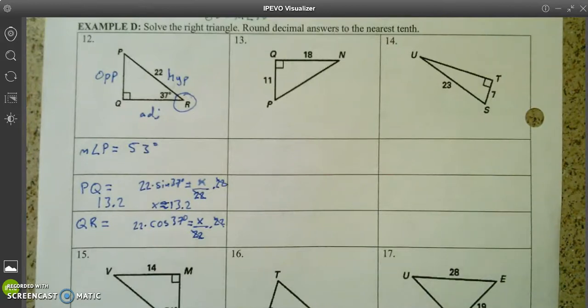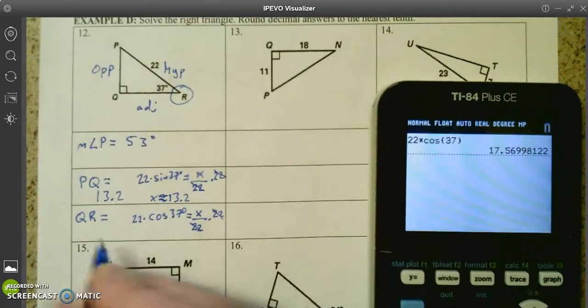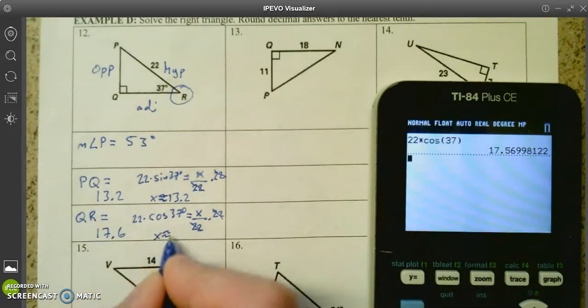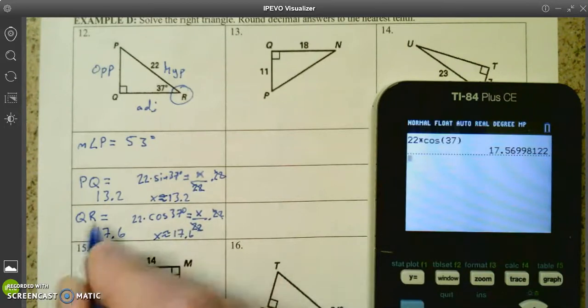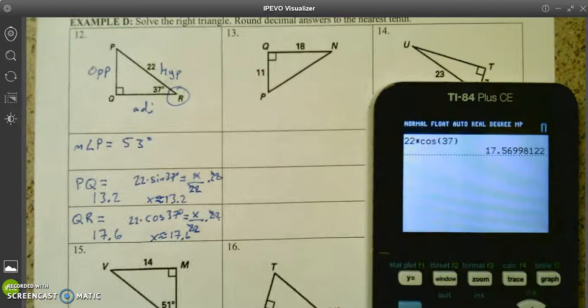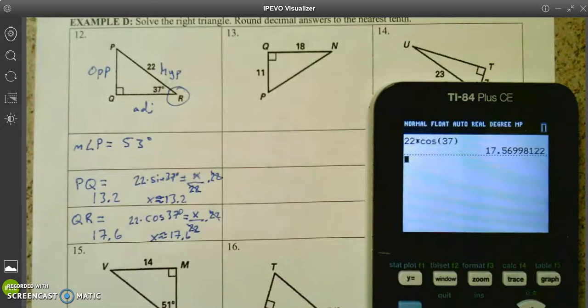Oh, and I did inverse cosine. There we go. And then that gives me 17.6. X is approximately equal to 17.6 in this case. So the length of Q to R is 17.6. And that gives us our missing values. So now we have all of the sides and all of the angles.